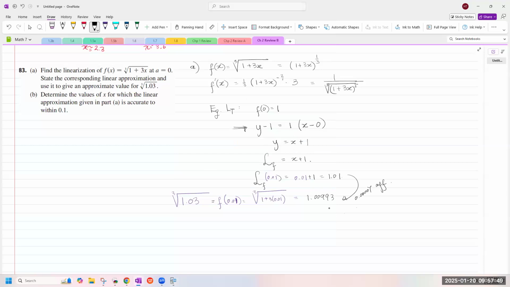Okay, now for part B, we basically need to use graphing software. We want the error to be within 0.1, which means the difference between the actual value, the cube root of 1 plus 3x, and the approximation x plus 1 is less than 0.1. So at which interval is this true?